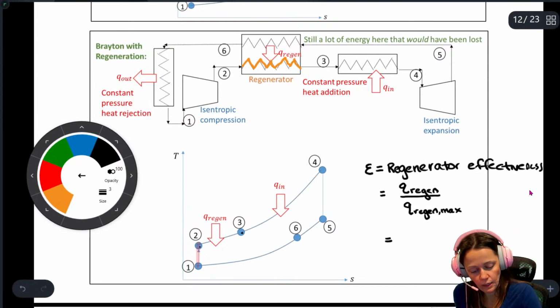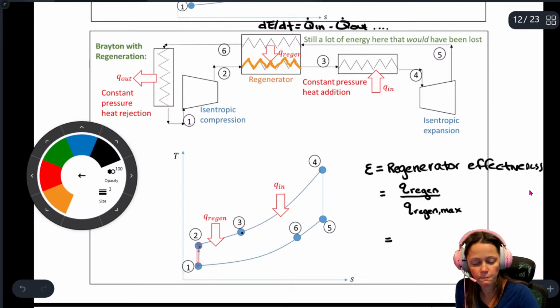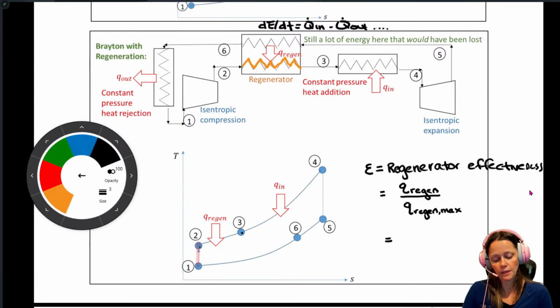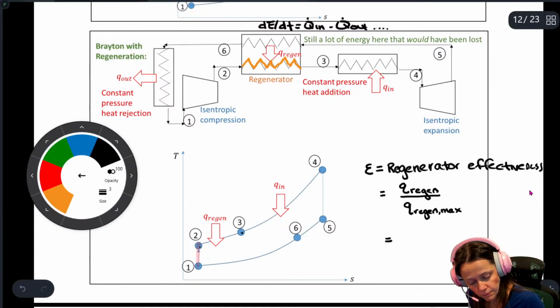So my first law looks like this: dE/dt equals Q dot in minus Q dot out, all that stuff. It's all in terms of h's. If I say it's steady state and ignore changes in kinetic and potential energy, then that little Q regen is going to be in terms of delta H's. So it's going to be H3 minus H2.